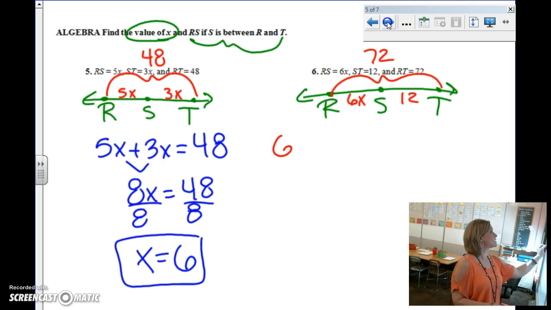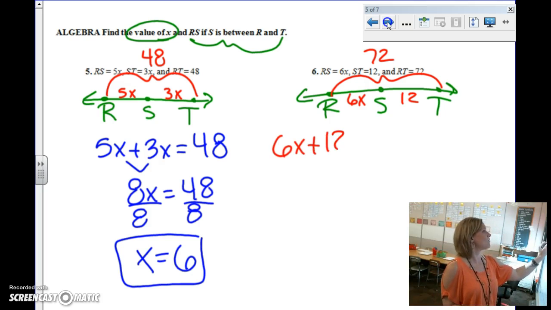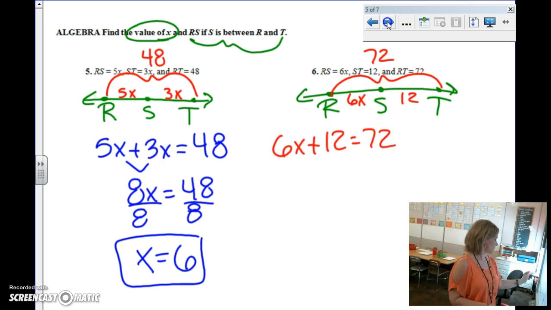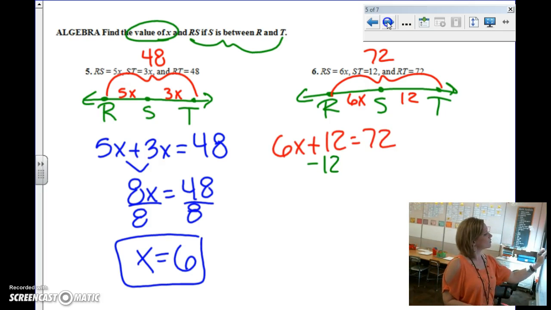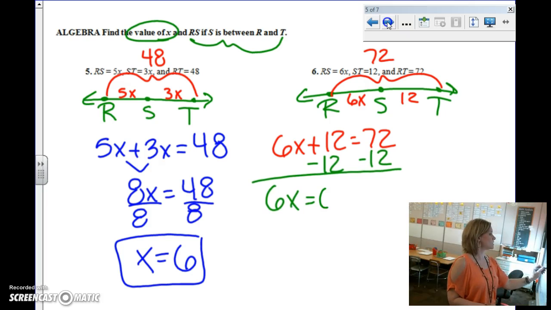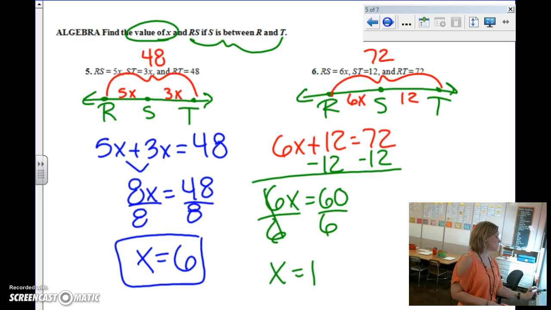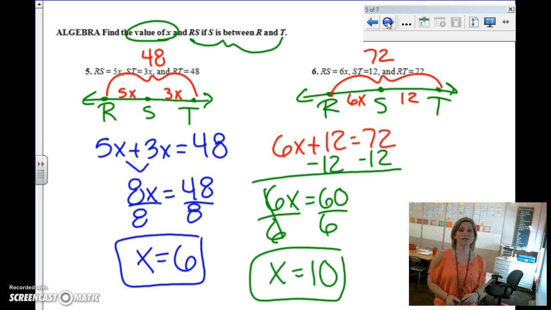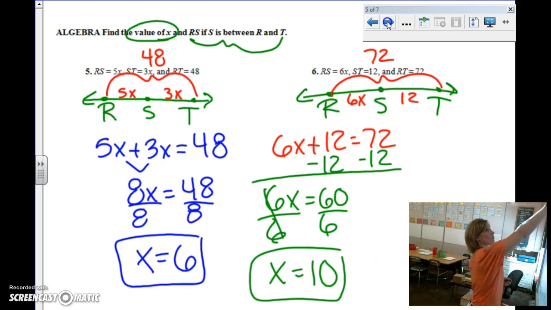So we have 6x plus 12 equals 72. Get your variable by itself. 6x equals 60. Divide by 6, and x equals 10. Simple as that. So we're able to find distance even algebraically if we're given variables.